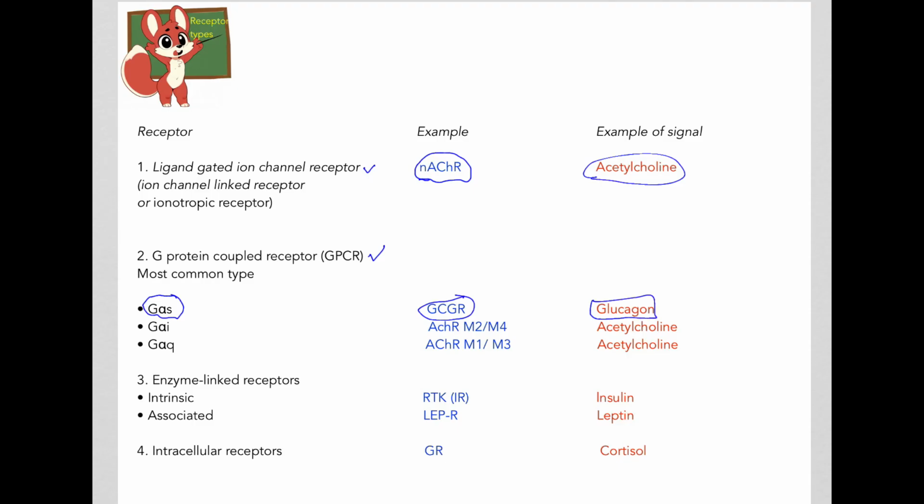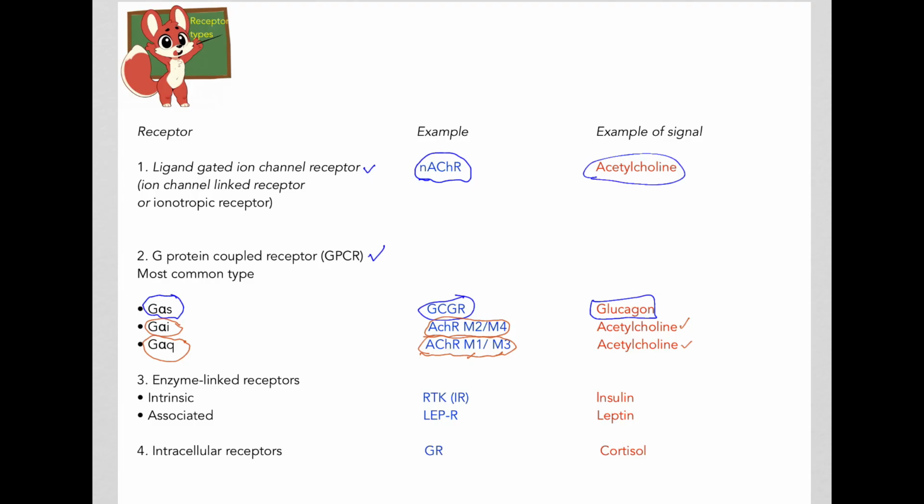An example of a GPCR that is connected to the G-alpha I protein is the acetylcholine receptor type M2 as well as M4, where the signal is acetylcholine, while a GPCR associated with another G protein called G-alpha Q is also an acetylcholine receptor of a different type, the M1 and the M3 type, and there too the signal once again is acetylcholine.